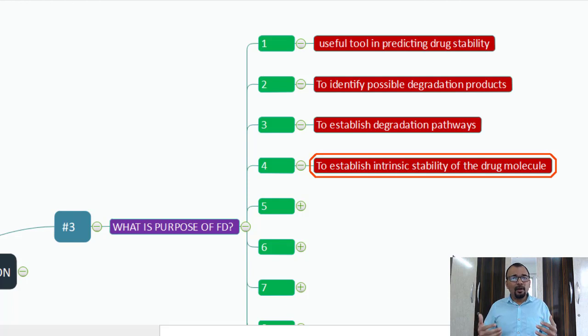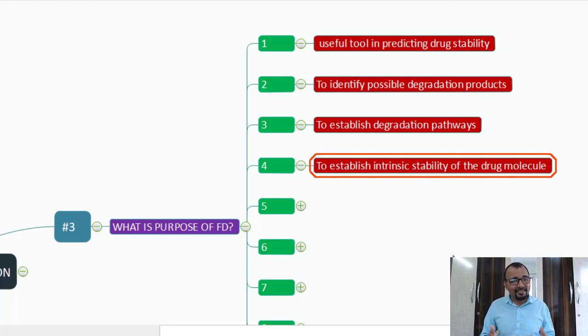In case you are into formulation development and you are now going to stabilize the molecule with the addition of a suitable excipient, for example, if your drug substance is susceptible to acid hydrolysis, then you are very clear that you must develop a formulation which will not have an acidic pH.